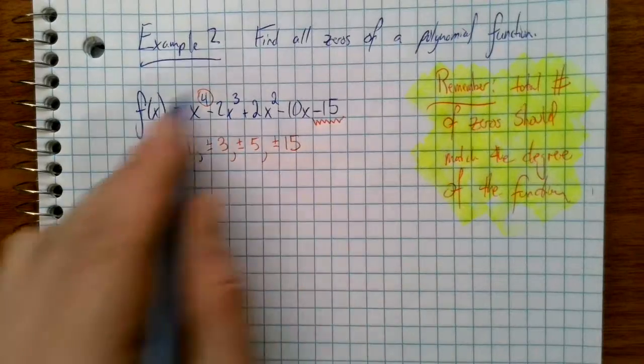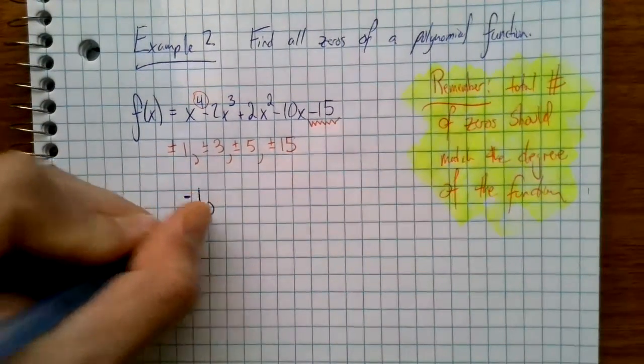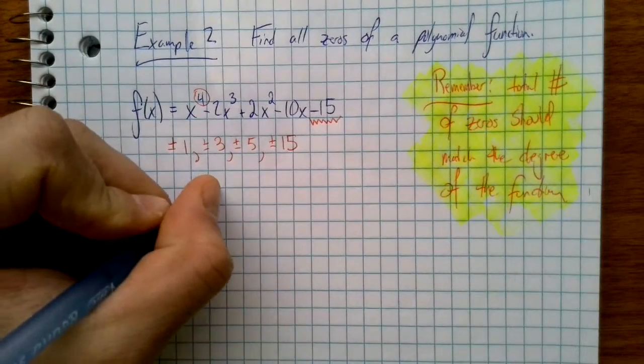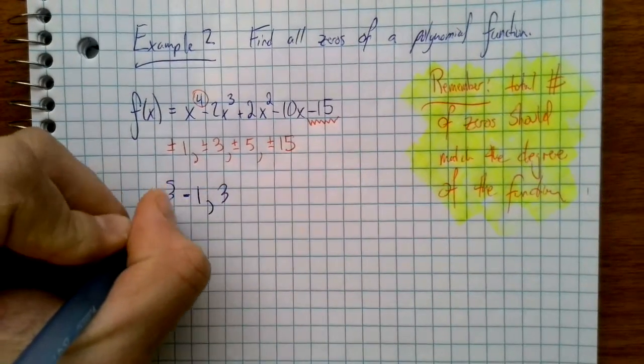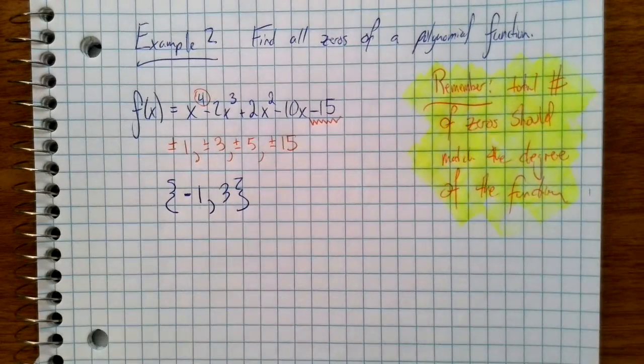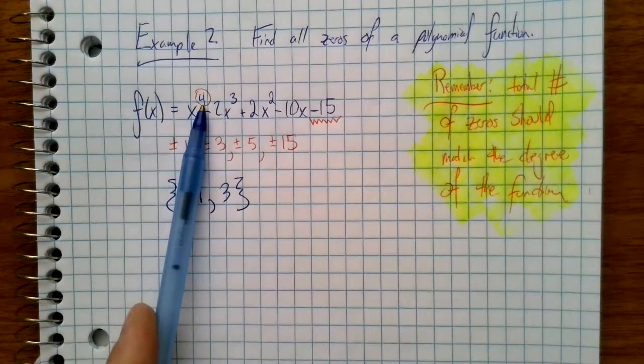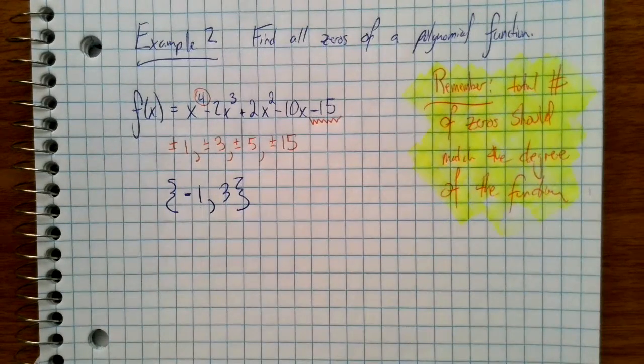Hopefully, upon doing that, you observed that the graph goes through the x-axis at the values -1 and 3. But in addition to that, we should remember that the total number of zeros should match the degree of our function.